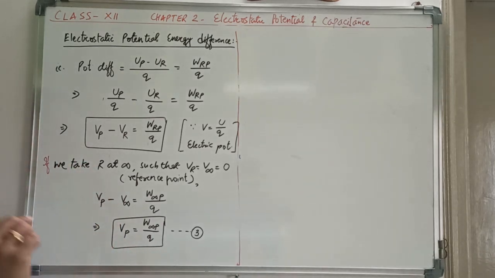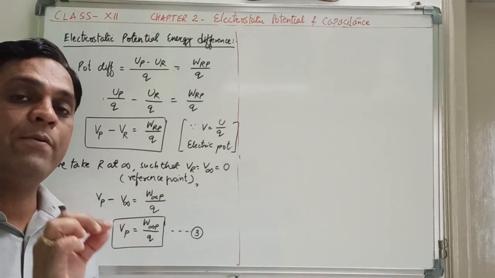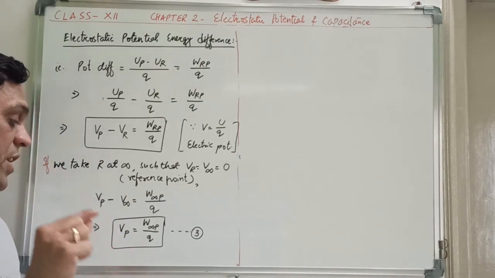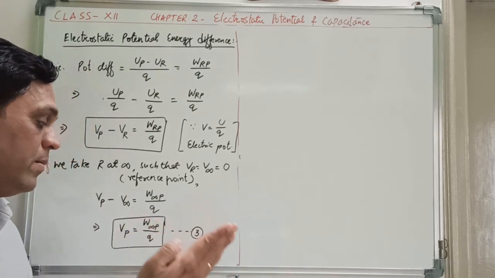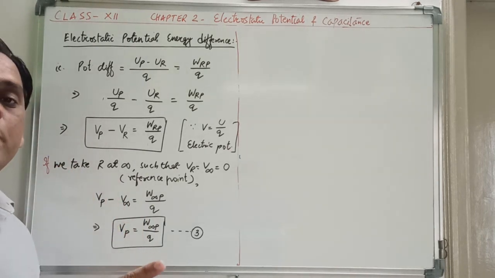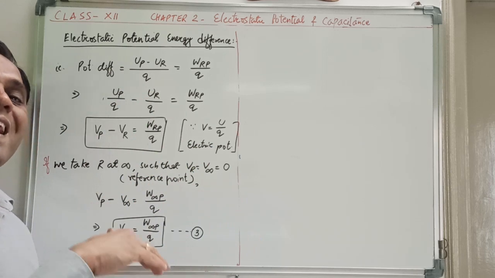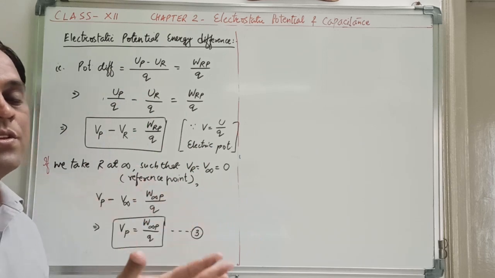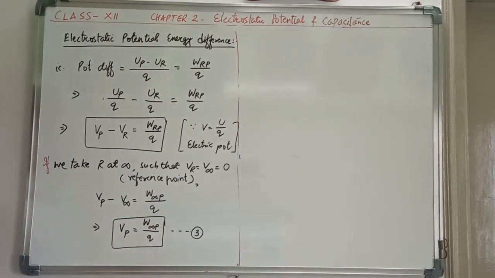Let me reiterate once again, whenever we give the definition of electric potential at a point, we have to write this without changing the kinetic energy of the charged particle which is being brought from one point to the other point. So electric potential at a given point P is defined as work done to bring a unit positive test charge from infinity to the given point in electric field configuration of any arbitrarily charged configuration without changing its kinetic energy.